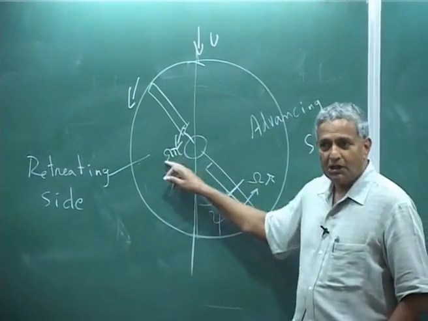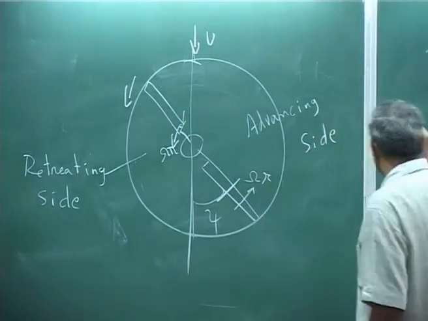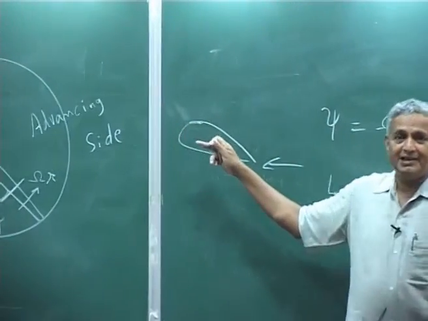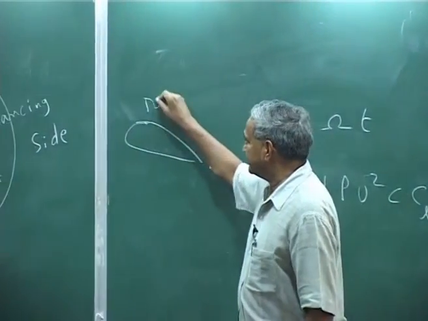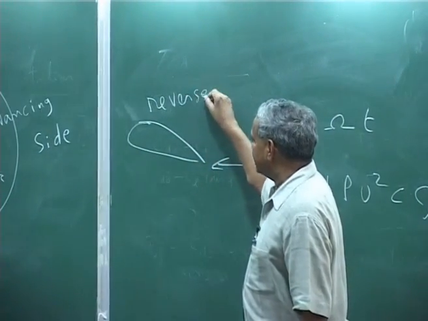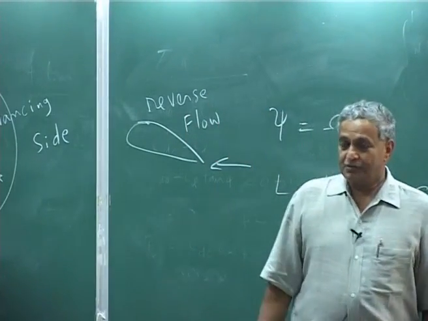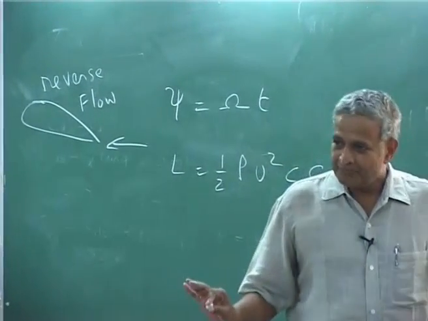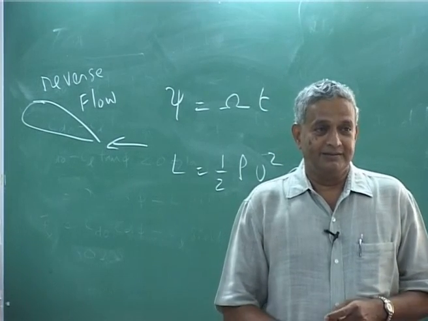If omega r is small near the root, the flow will be coming from the trailing edge to the leading edge. This is called the reverse flow. So you have all problems related to aerodynamics in forward flight.